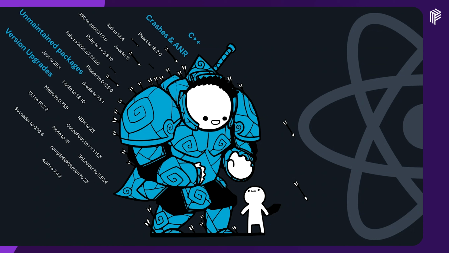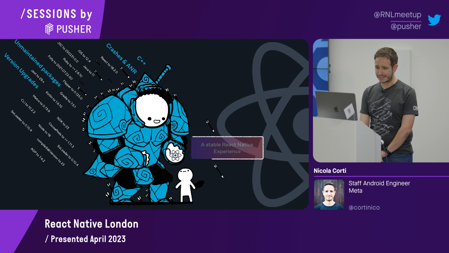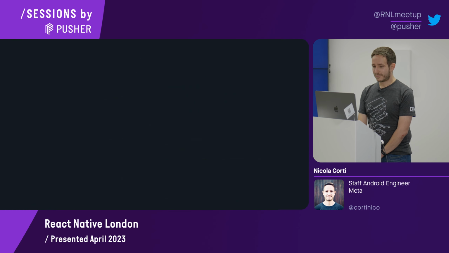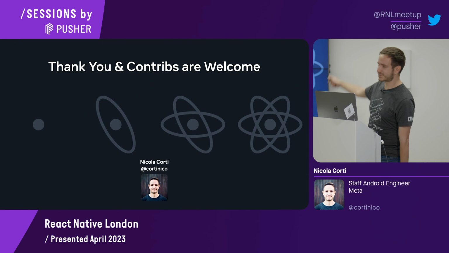It was like 99% of the time Gradle, CocoaPods, whatever, and then I actually write code 1%. We really, trust me, are fully committed to encapsulate this complexity away from you and deliver what we call a stable React Native experience. And with this, I want to thank you very much for listening, and contribs are welcome.